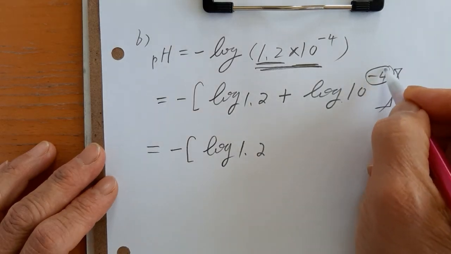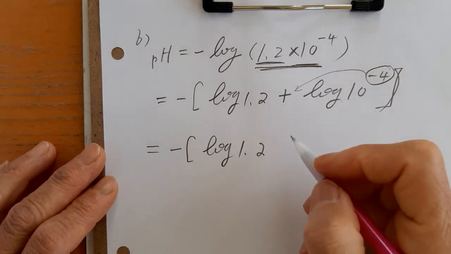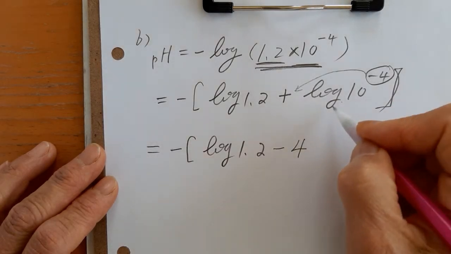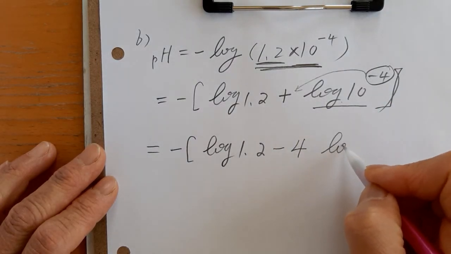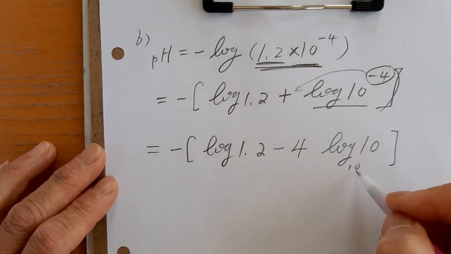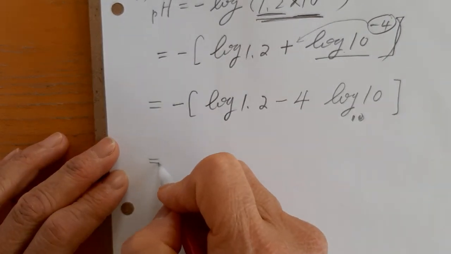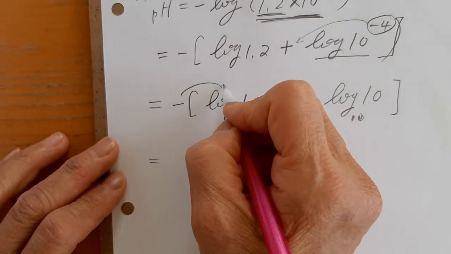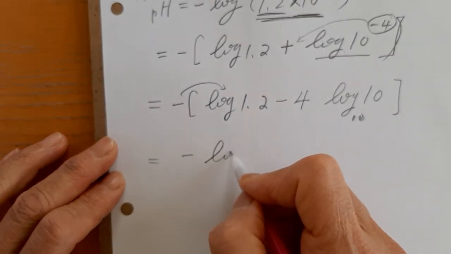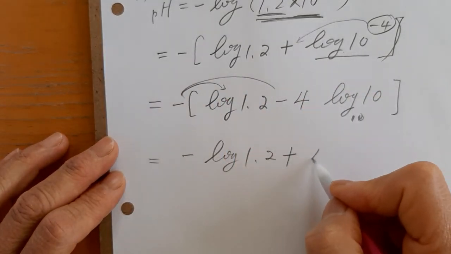Then use the power rule. The negative 4 comes down, and times the negative becomes plus 4. This log means base 10, which we do not write out. It's the common logarithm. Then distribute the negative over log 1.2, and negative times negative becomes plus 4.